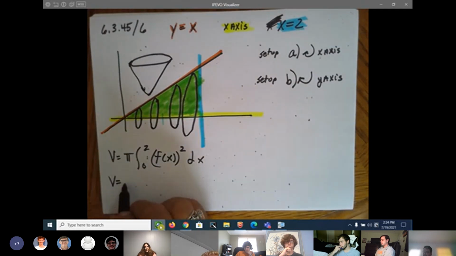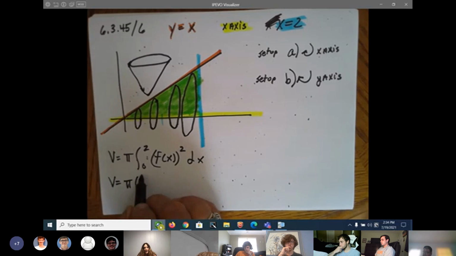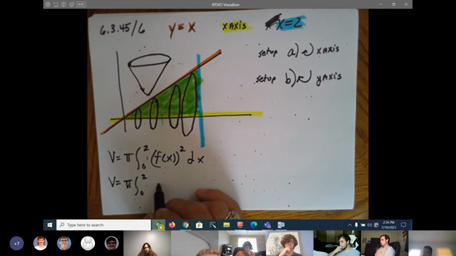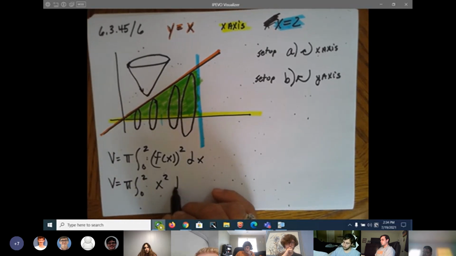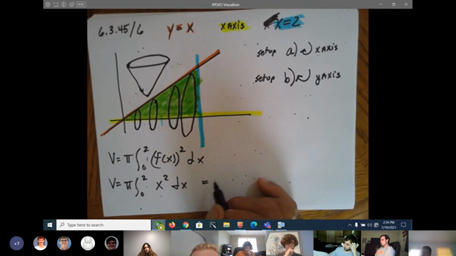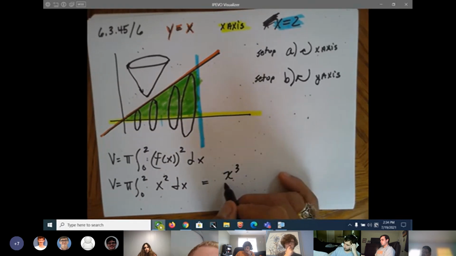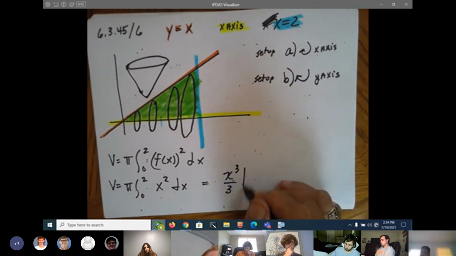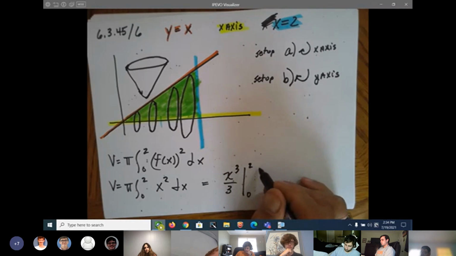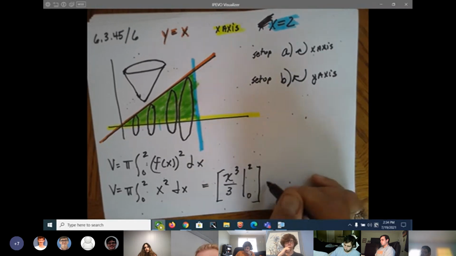So V is equal to pi, 0 to 2, of x squared dx, which is equal to x to the third over 3, evaluated at 0 and 2, multiplied by pi.